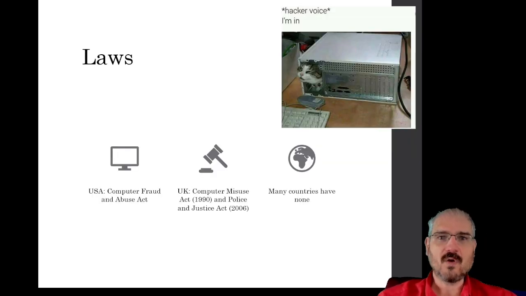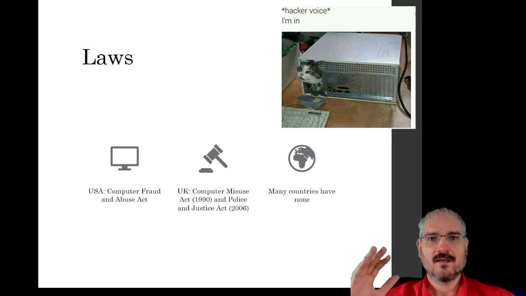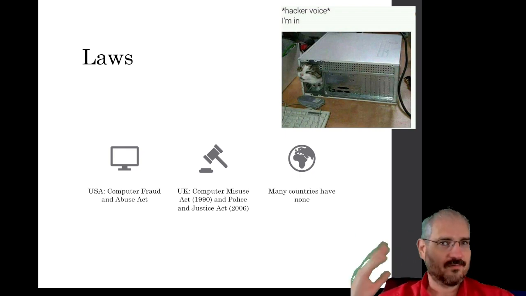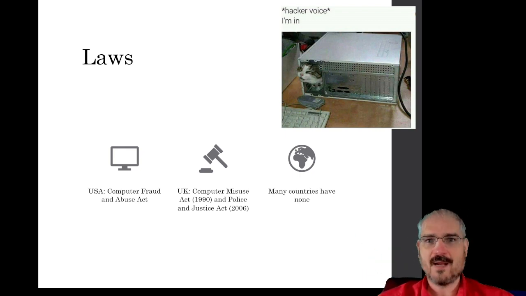Now, remember, I started off this section talking about how malware is not illegal until you start using it against other people. It's perfectly legal for me right now to create some kind of malware and have it on my computer and study it, talk about it, write a computer science paper about it and get that published in a journal. That's all perfectly legal. It doesn't become illegal, again, in most jurisdictions, right up until the point where I put it onto a computer that I don't have legal access to, right?